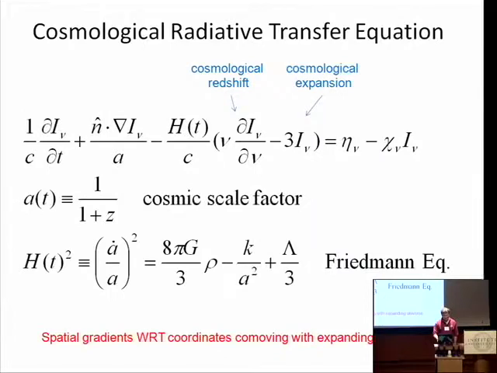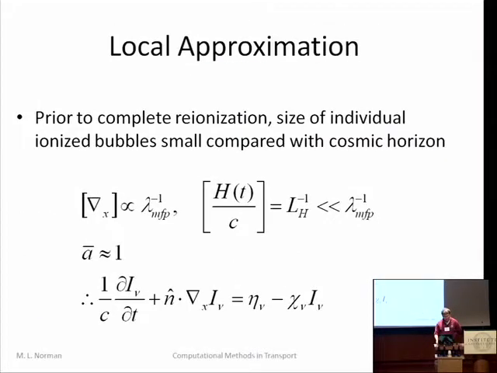I will just say that we want to solve this equation because we want to be able to go from the pre-ionized universe, where the bubbles are small, to the post-ionized universe, where the medium is transparent and you're building up a radiation background. So that's one difference between what we do and what everyone else does.